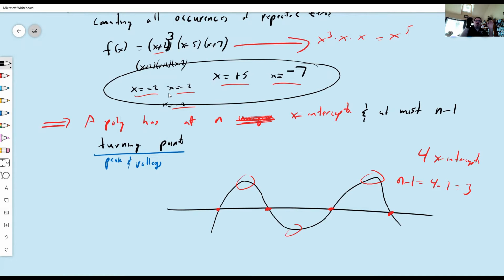It only has 3 zeros that are unique, but it has degree 5. So this one could have at most 5 x-intercepts, and at most 4 turning points. Now it doesn't have that many because x equals minus 2 is repeated 3 times. So it only has 3 x-intercepts, which means it has at most 2. But we'll see how that works.